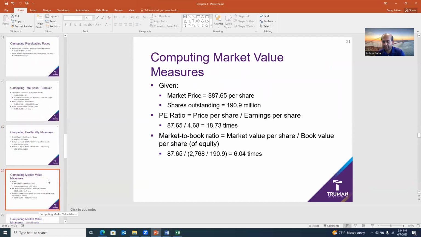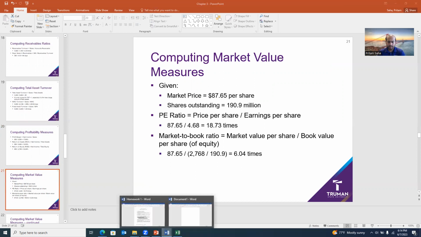Now, market value measures. These are proxies that give you some idea of the value of this company, the value of this firm in the market, from the investor's perspective. Before we jump to this slide, we need to learn some common definitions.